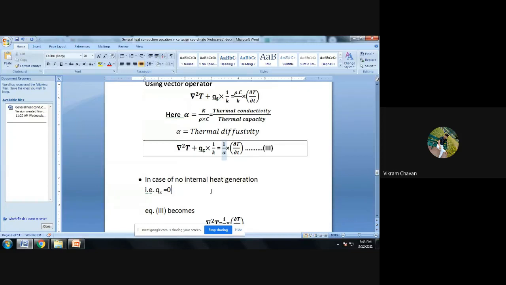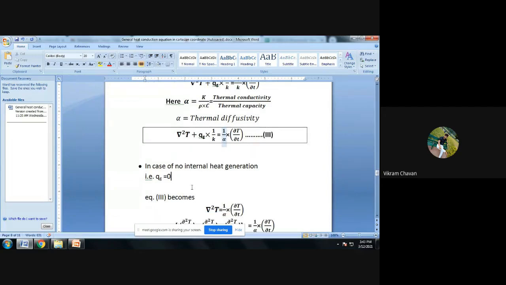In that case, we consider Q suffix G, the heat generation per unit volume per unit time, equal to 0.